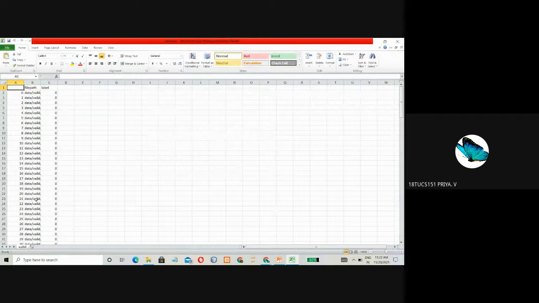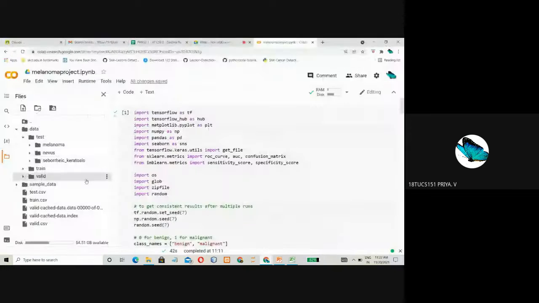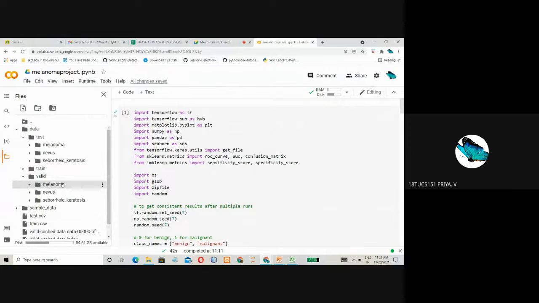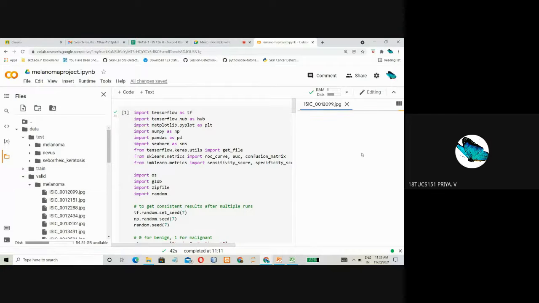This is the CSV file, and in this you can see whether it is valid or not. That image is taken, and the size and the artifacts get removed in this, ma'am.